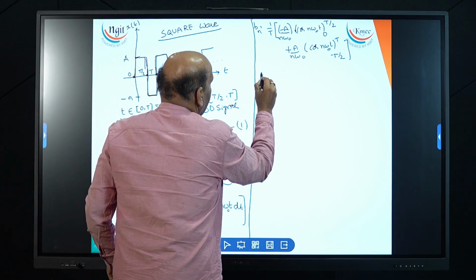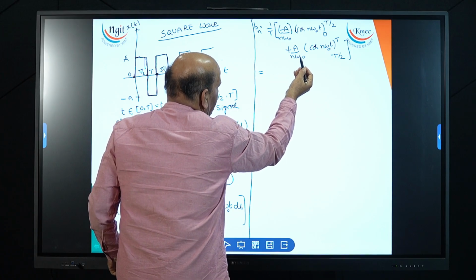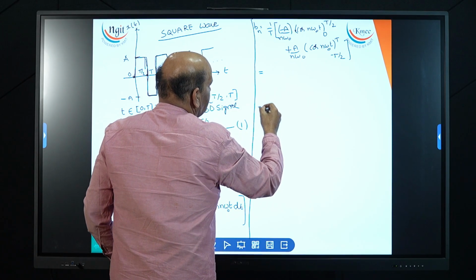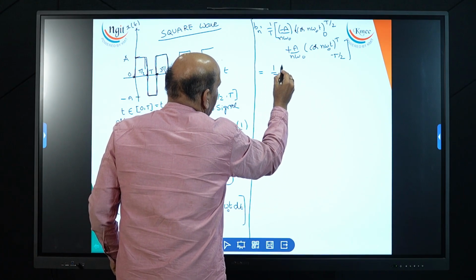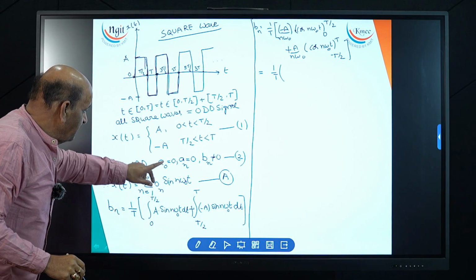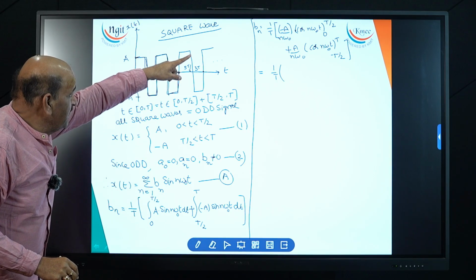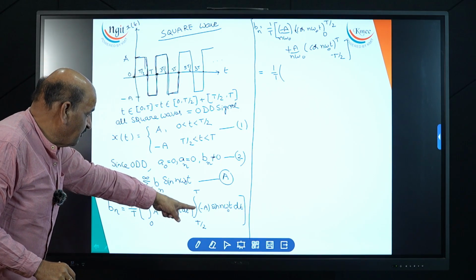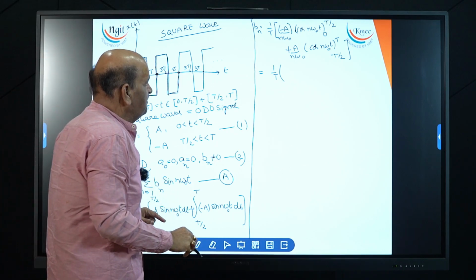Now this is equal to minus A by n omega naught, which is constant. That will become 1 by T into, in the second part the value is minus A. In the first part we got minus. In the second part what we got? Minus into minus, plus.